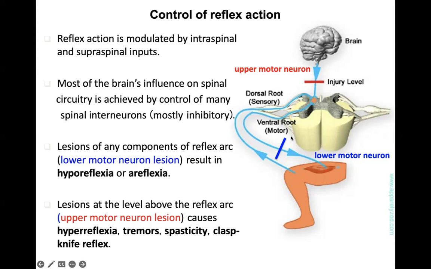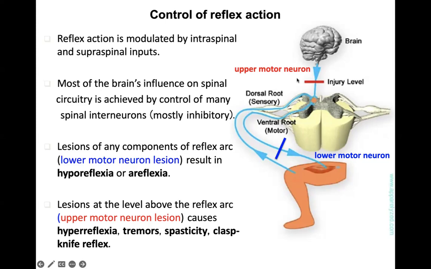If you have problems with lower motor neurons, any lesion of lower motor neurons, this reflex arc is not complete. So as a result, you have hyporeflexia, or in the worst case, areflexia, no reflex at all, because the component is not complete.